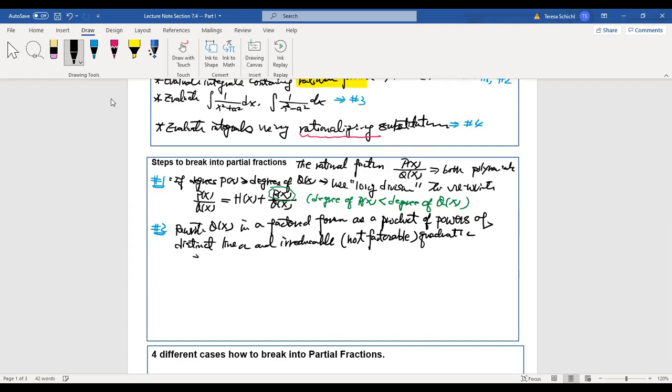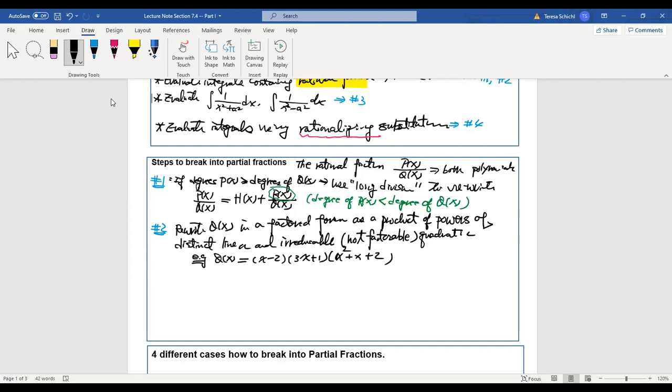For example, that's what I mean here. If Q(x) can be factored like (x minus 2)(3x plus 1), and then maybe this x squared plus x plus 2 here. That's what I mean.